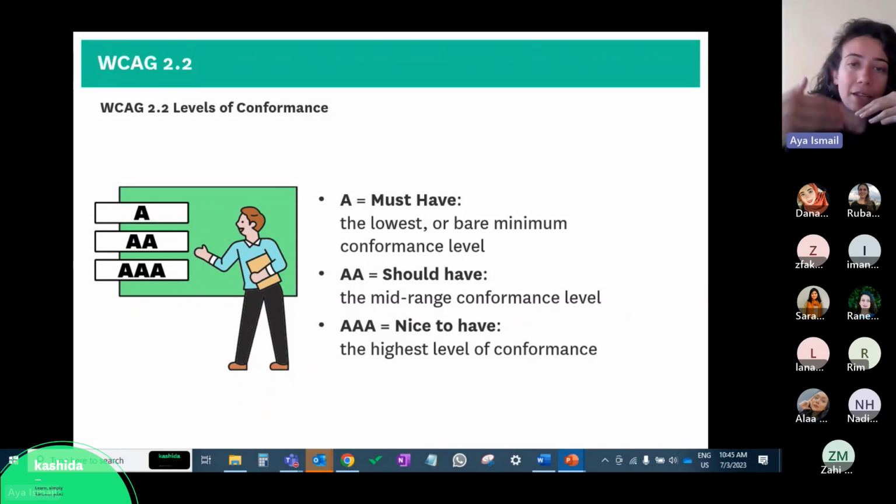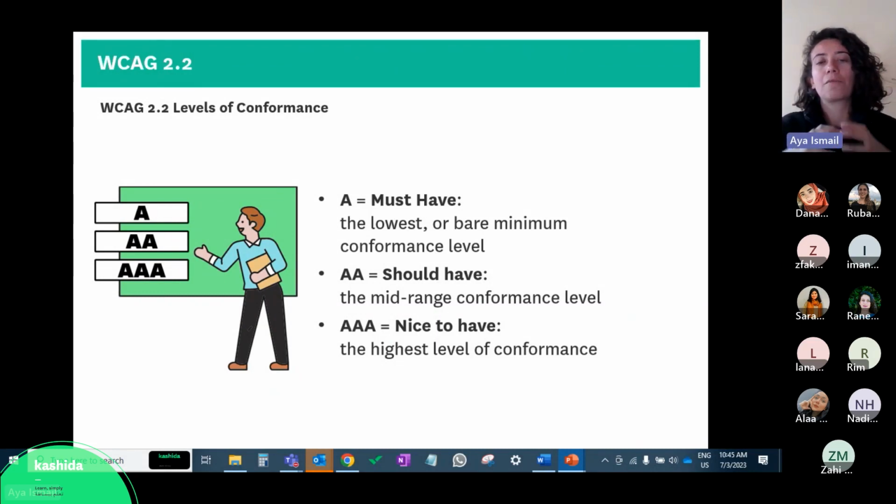There's the next level, which is like the mid-range of conformance. So you're integrating things that should be there for people with accessibility needs. And then the AAA is like the hardest level. So it's like you're going up in levels of conformance, and including things that are nice to have, but not as necessary.